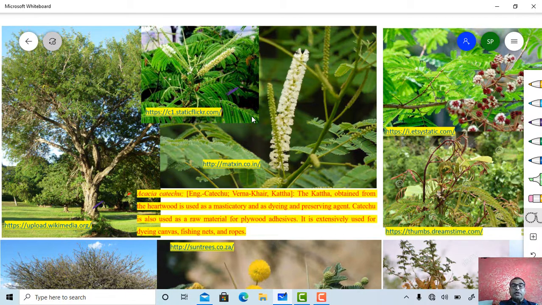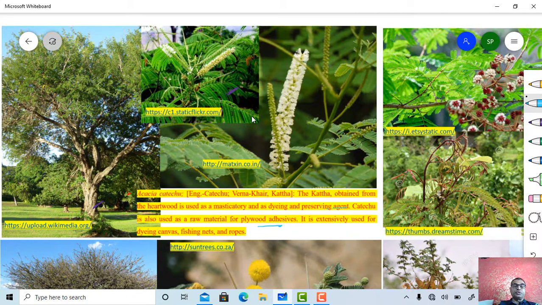Okay, and this katha can be used for masticatory purposes, as well as in the dyeing industry, or it will also act as a preserving agent. Catechu is also used as a raw material for plywood adhesive.